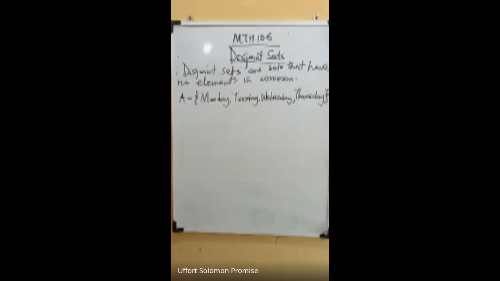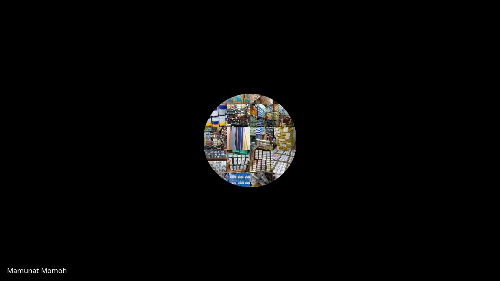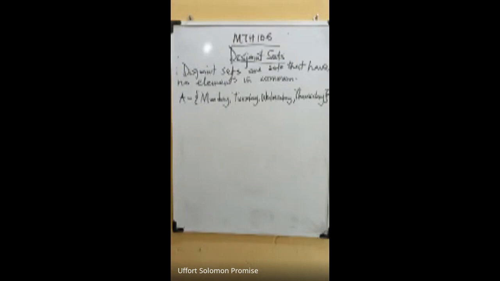So if it's blurry, you need to shift a little bit from where you are because I have 1001 lights around me now, which will help us to get it perfect enough. And the internet is flowing steady. Friday, Cinderella, is it blurry at your end? Memunat, is it blurry at your end? No, in my own end, it's okay. Okay, it's okay. All right. So let's go. If you are finding issue with a blurry picture, just shift a little bit from your end, then you get a better view.